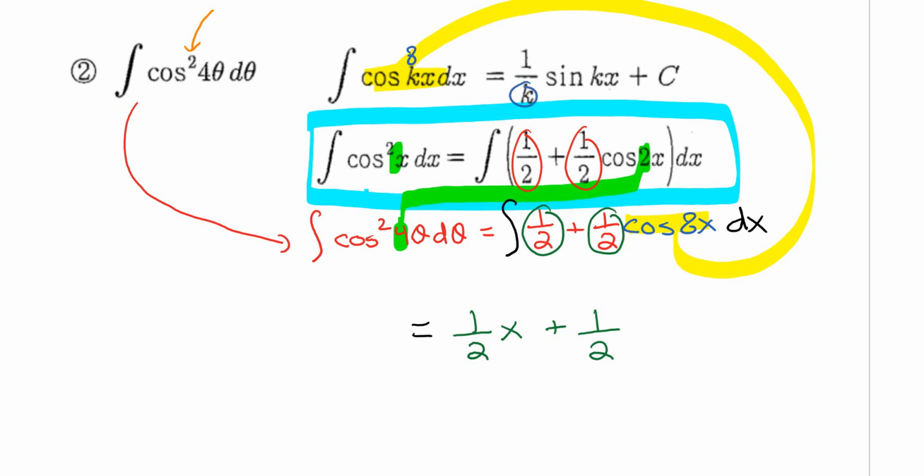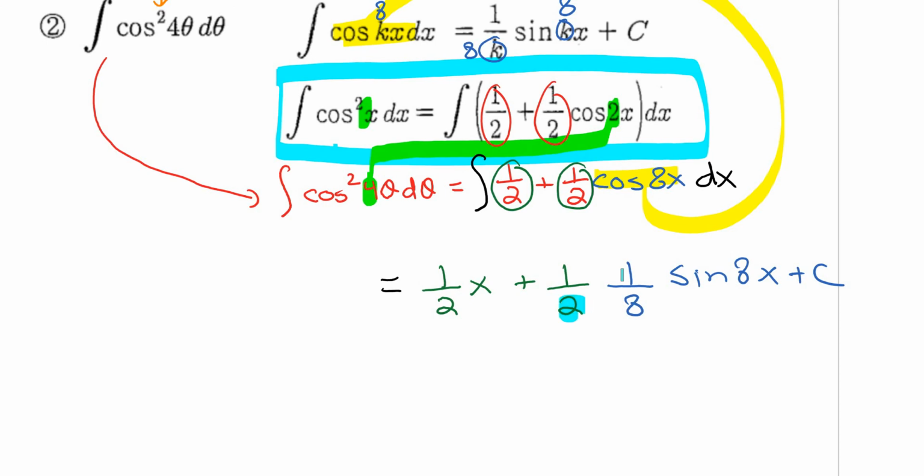So my bottom number here will be 8, and this will also be an 8. So this will be 1/8 times sine 8x plus c. Then I can just multiply the 2 and the 8. So that's going to be 1/2 x plus 1/16 sine 8x plus c. That is my final answer for that problem.